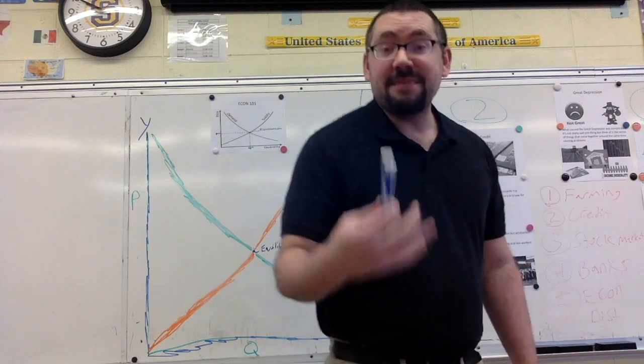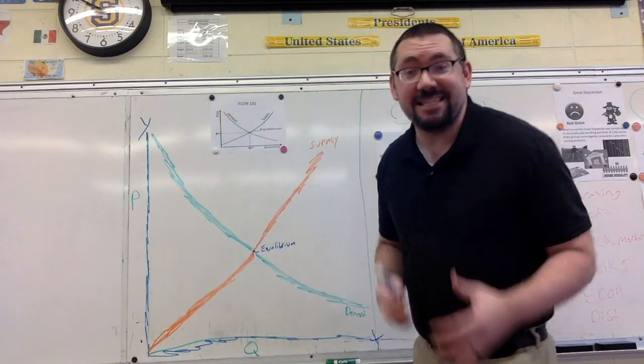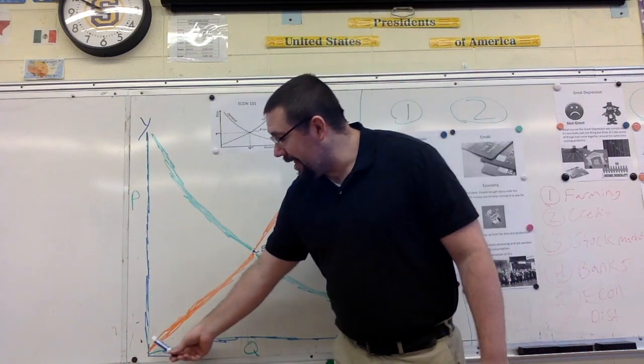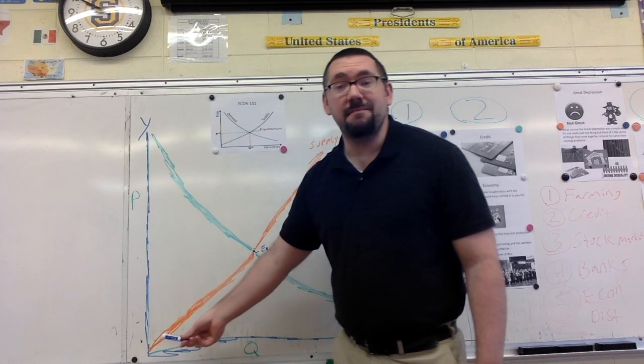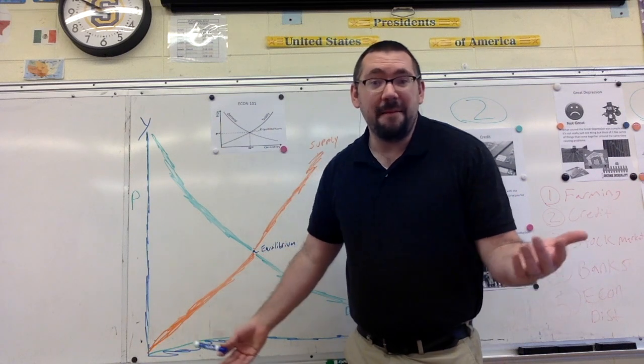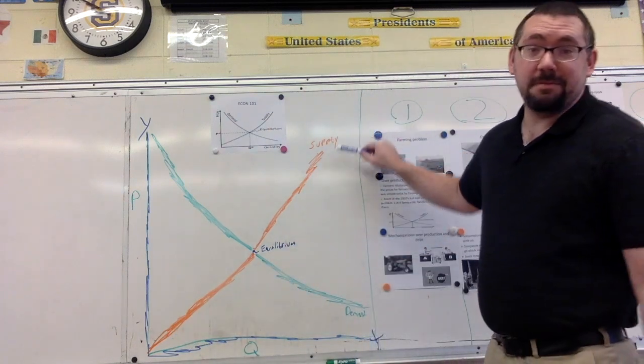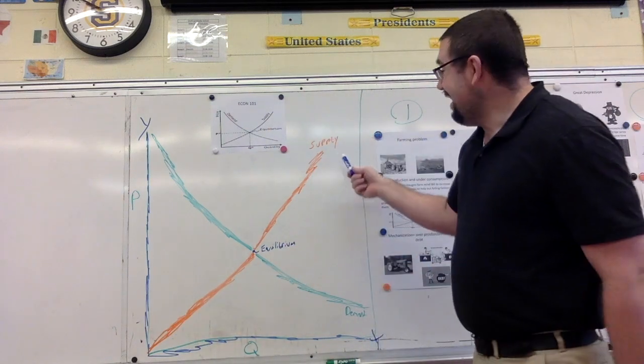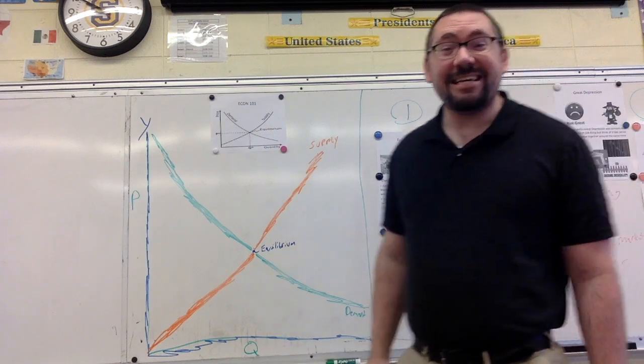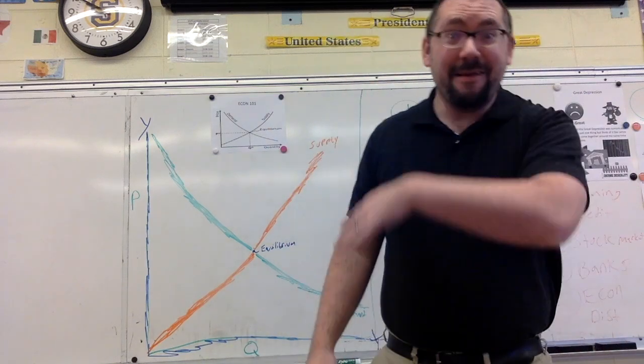If the price of chocolate milk was 25 cents a gallon, the supplier doesn't want to make a bunch of it because he's not making that much money off of it. If the price went up to $20 a gallon, he wants to make a bunch, because he gets $20 per gallon of milk that he makes.